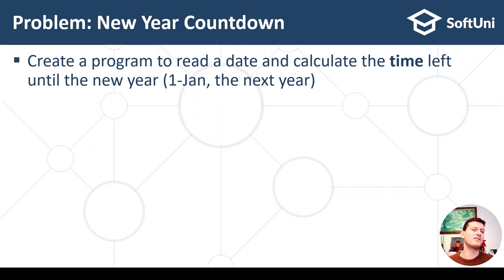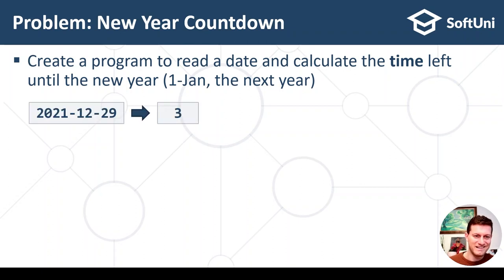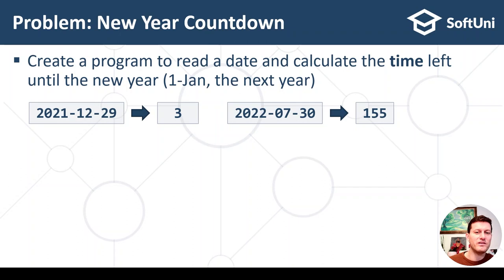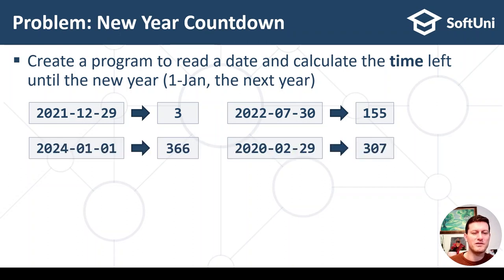If it is already 1st of January, you will need to wait for the next year. So if we have 29 December, after 3 days it will be 1st January. 1 day is 30 December, 2 days are 31 December, and after 3 days we have 1st of January. And this is another example.